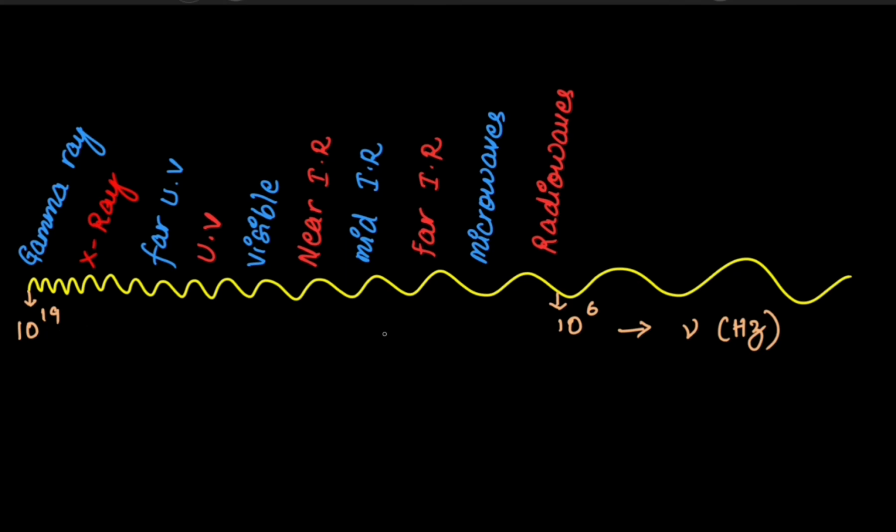But as I proceed towards the radio waves, the frequency has dropped. On the contrary, when we look at the wavelengths, the wavelength has been given in meters. The wavelength is very low for a gamma ray, but as I proceed towards the radio waves, we can see that it is in the magnitudes of 10. So the wavelength is increasing when we proceed towards the radio waves.